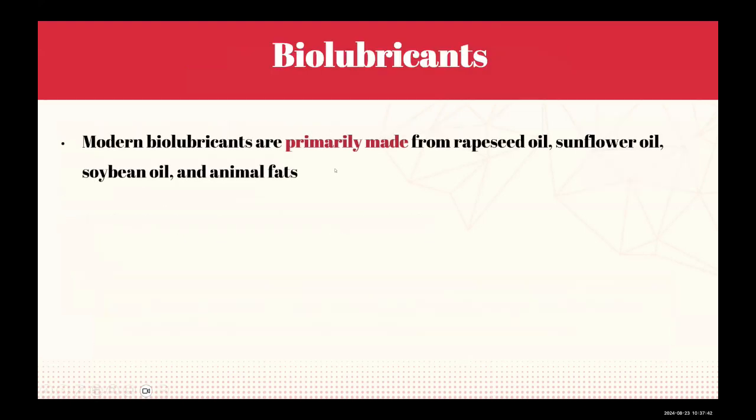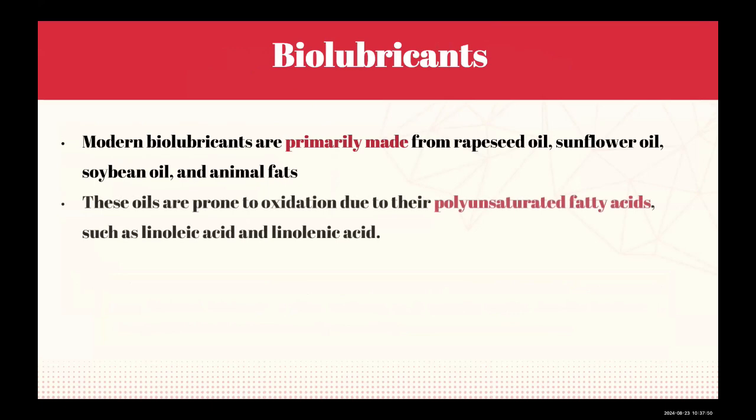Modern biolubricants are primarily made from rapeseed oil, sunflower oil, soybean oil, and animal fats. These oils are good because they're sustainable. However, the issue is that they're prone to oxidation due to their polyunsaturated fatty acids, such as linoleic acid and linolenic acid.